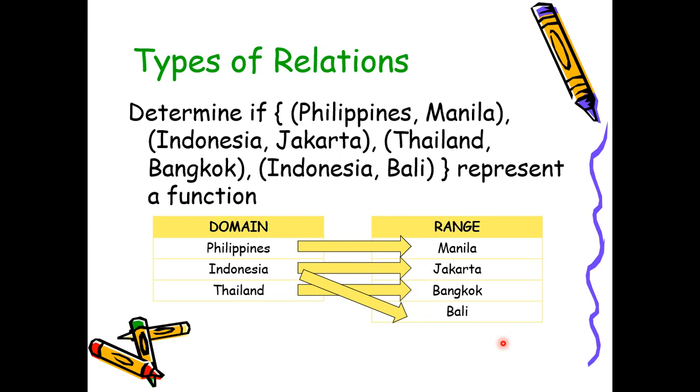So, since isa lang po kasi yung domain natin, which is the Indonesia, tapos dalawa po yung sakop niya na range, therefore, this example is a one-to-many correspondence. Okay? And si one-to-many po ba is a function? Masasabi ba nating function kapag one-to-many correspondence?